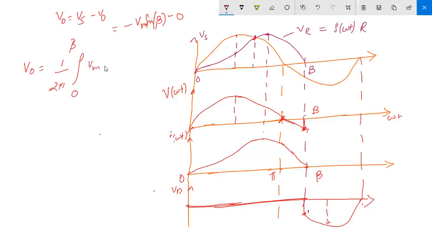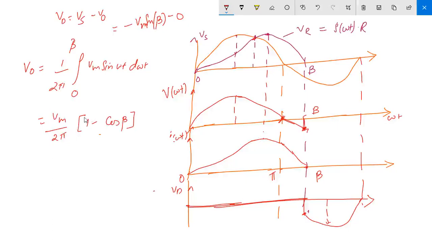Vm sine omega t d omega t. So integrate it. Vm upon 2 pi, sine omega t will be cos omega t, so you will get 1 minus cos beta. So this is my average value of the waveform.